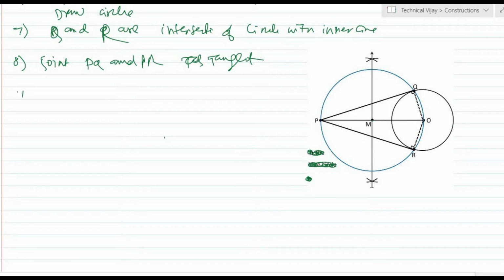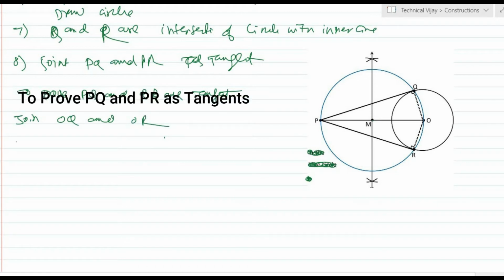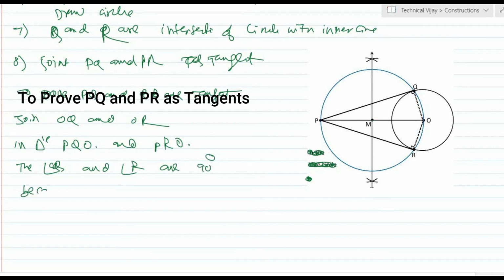Okay. So to prove PQ and PR are tangents, join OQ and OR. Okay. So in triangles PQO and PRO, angle Q and angle R are equal to 90 degrees because the angles are in a semicircle, hence they are equal to 90 degrees.